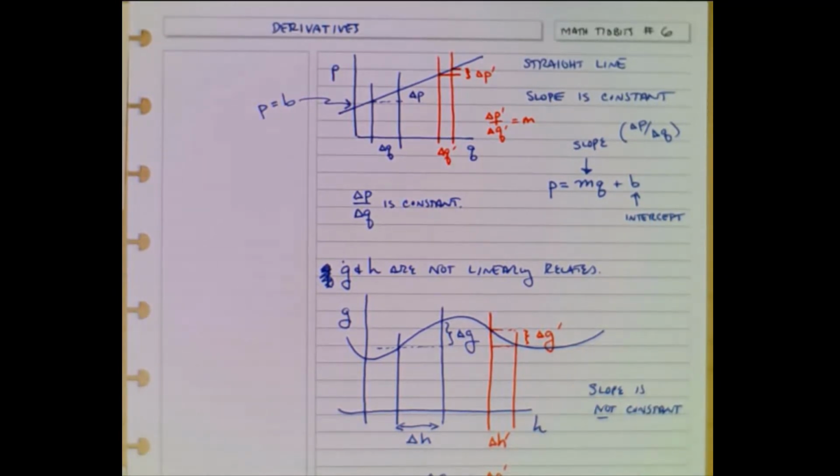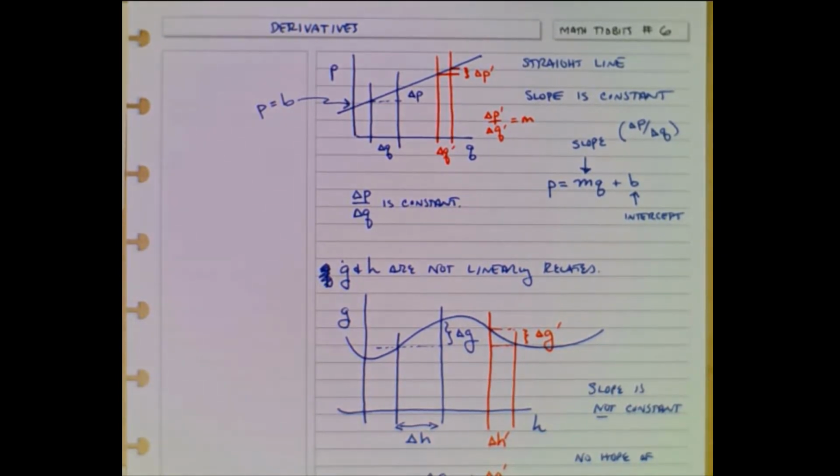And so there's no relationship that we can write between g and h that has some fixed kind of slope. Delta g over delta h differs depending on where on the curve we sample. So no hope of some kind of g equals m h plus b.